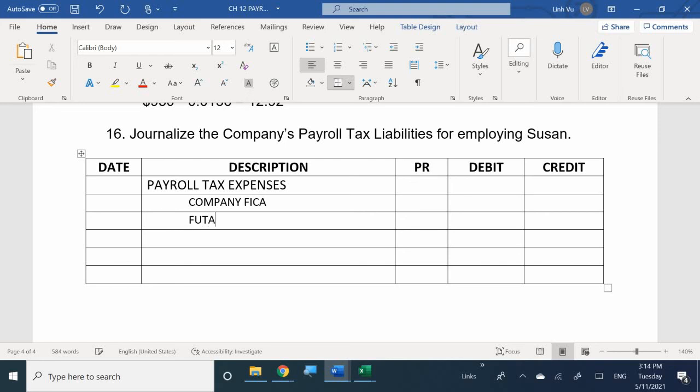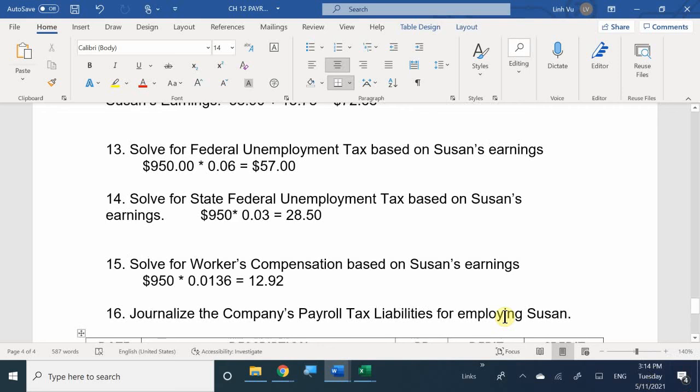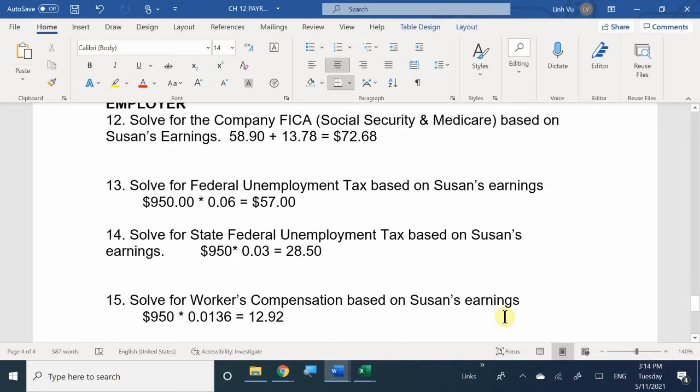Okay, so therefore, how much company FICA did we solve for? 72.68.